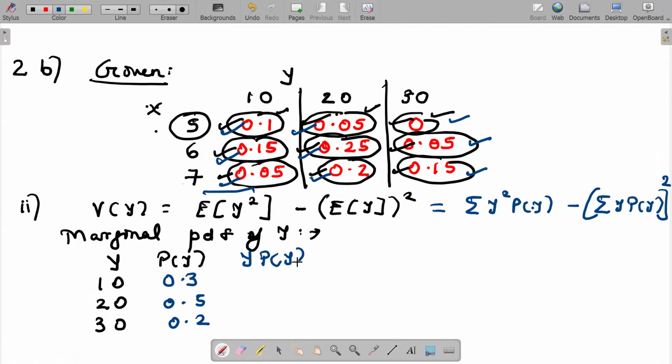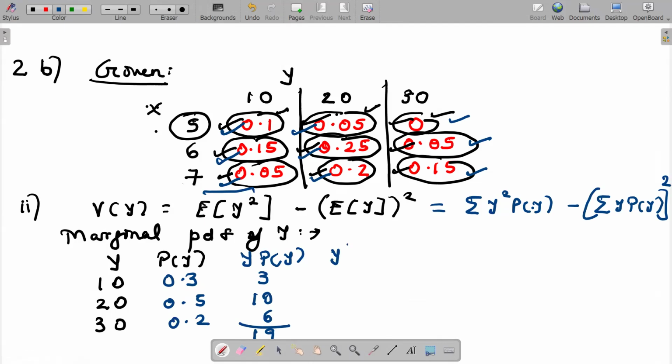So 10 into 0.3 is just 3. 20 into 0.5 is 10, let me correct myself. And 30 into 0.2 is 6. So if I add them up, it is 19.